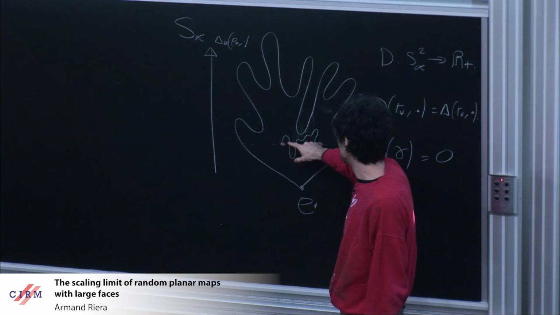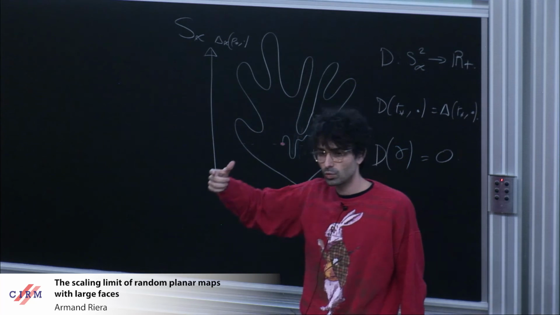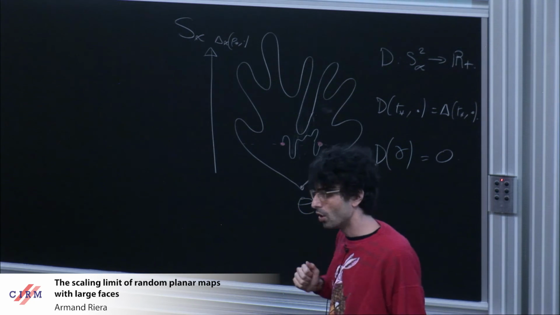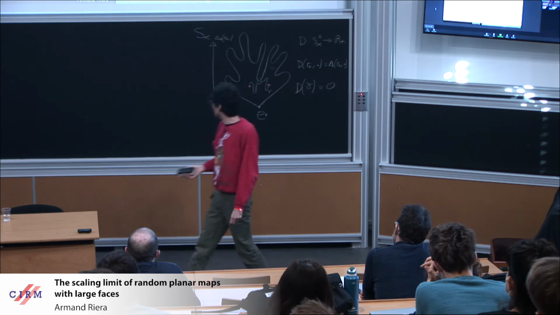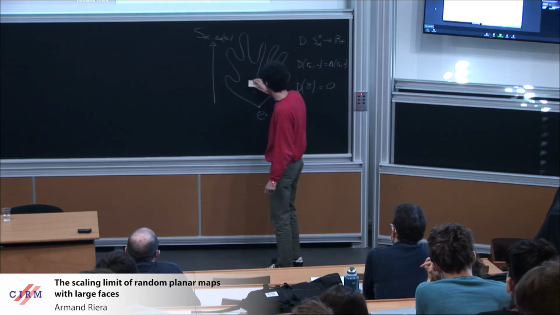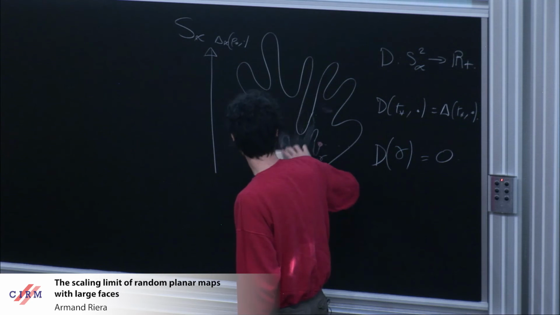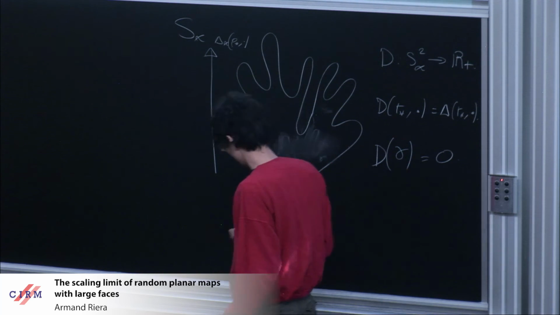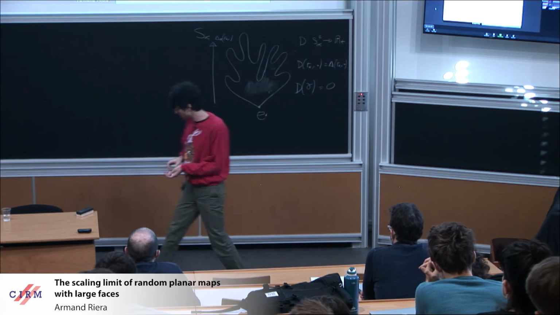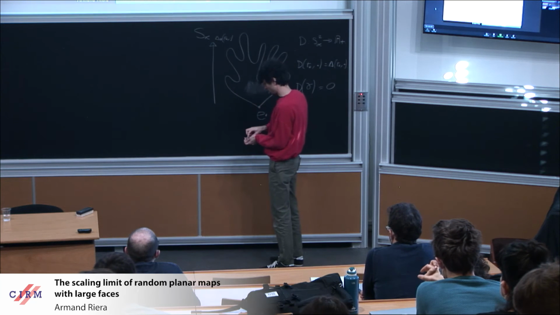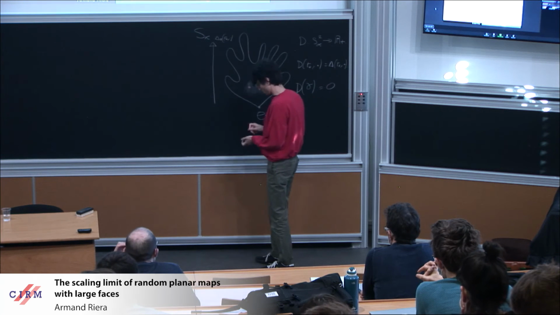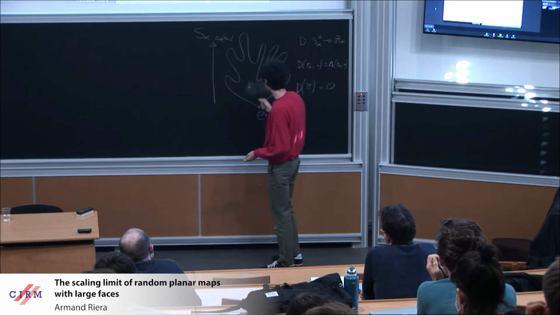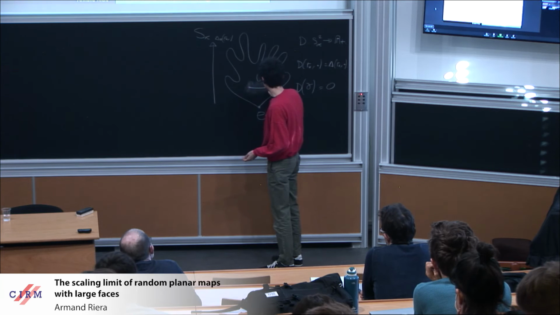Then, again, you are identifying two points which are at different levels on your cactus representation, so it's not possible. So if you really want to glue together two different points, you have to do it using a path staying at the same level.